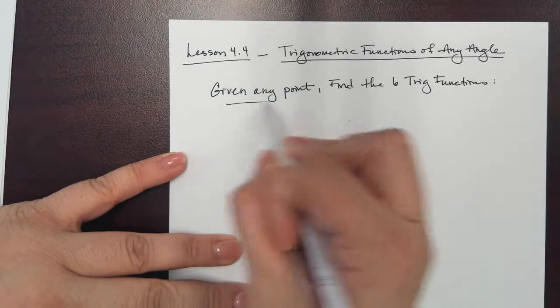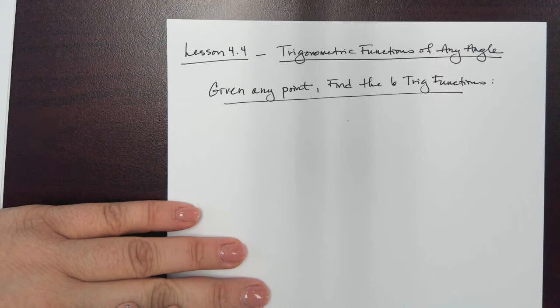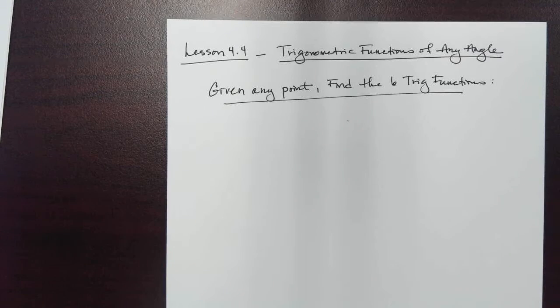So you can't just use the unit circle, because these are going to be points that are not on the unit circle. The unit circle is really helpful because we often use it, but that's only when I have a circle with a radius of 1. We're going to have circles with a radius not equal to 1. I'm going to show you how to do that.